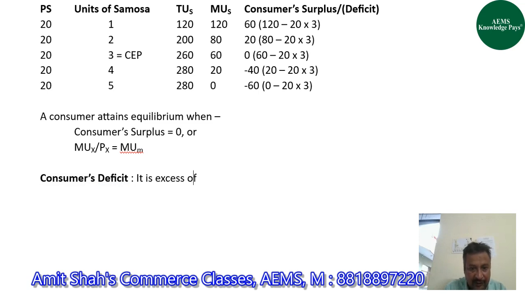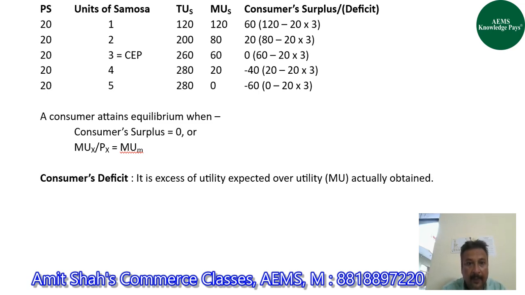So it is excess of utility expected over utility, that is MU actually obtained.